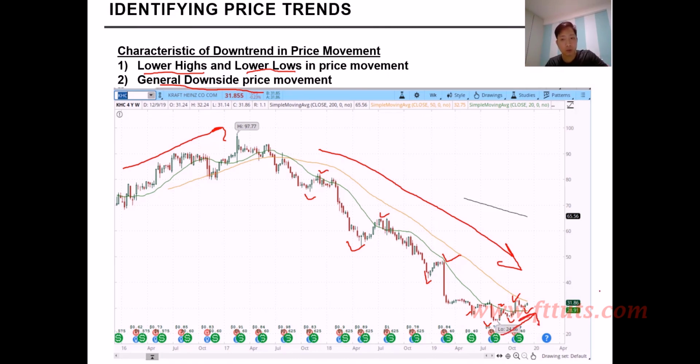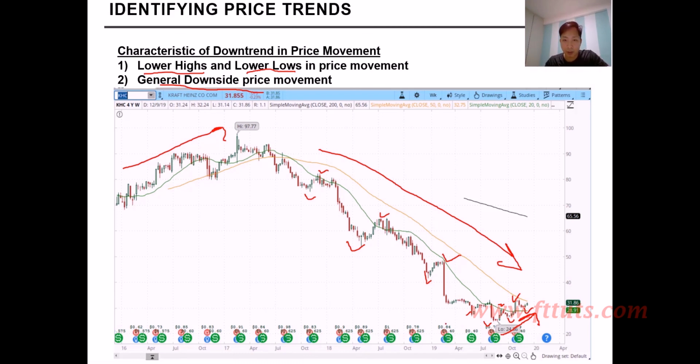Understand? Of course, this is a loose way of identifying trends. Whether to go long or short, again, you still have to rely on the strategy structures. And in fact, over here for KHC, which is Kraft Heinz, a Warren Buffett stock that had some negative news in 2019, the news affected the stock price and it came all the way down.